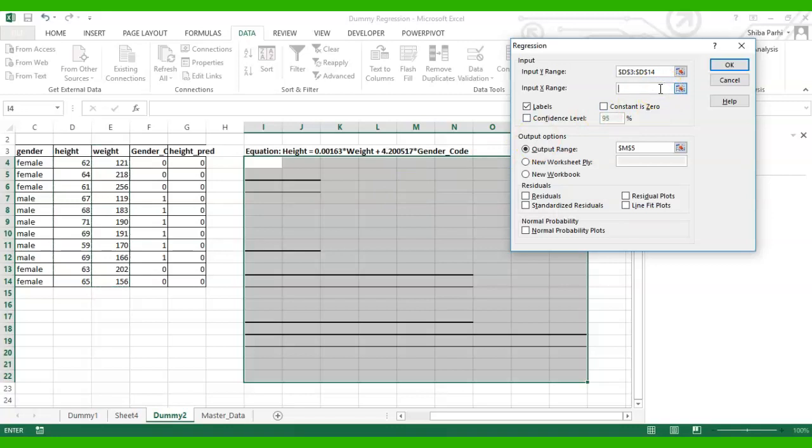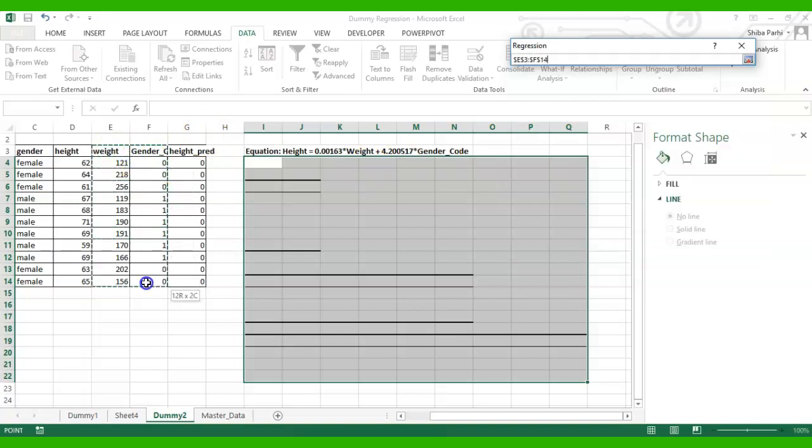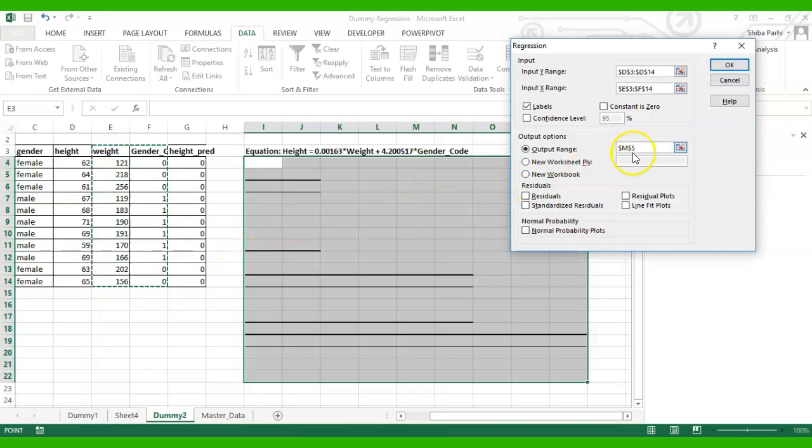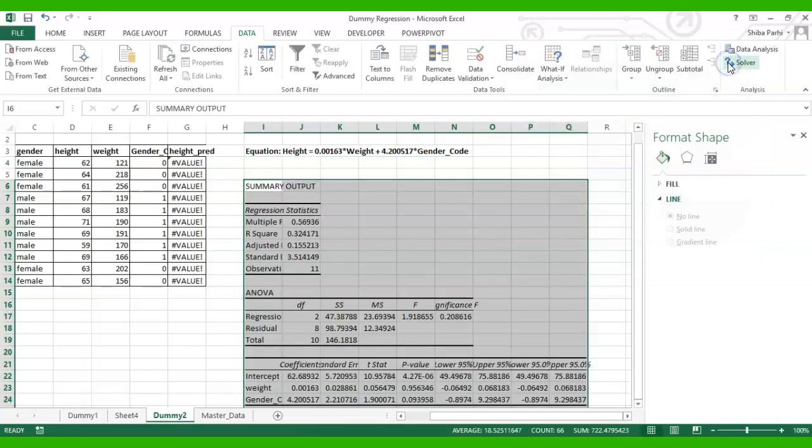The dependent variable is the height, and the independent variables are the weight and gender. Then I'll get the output.